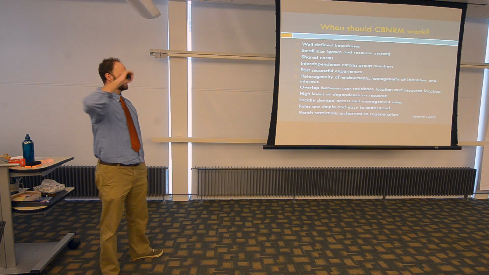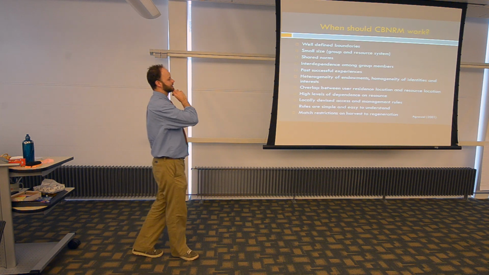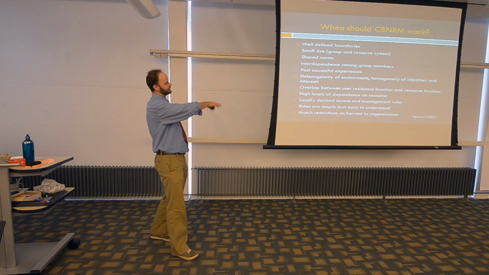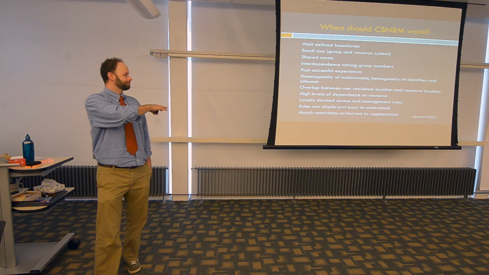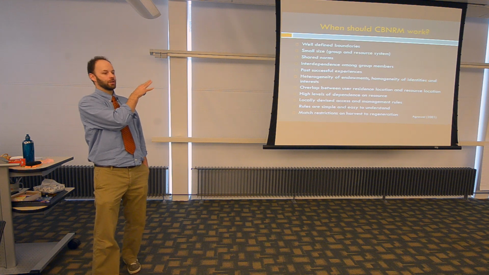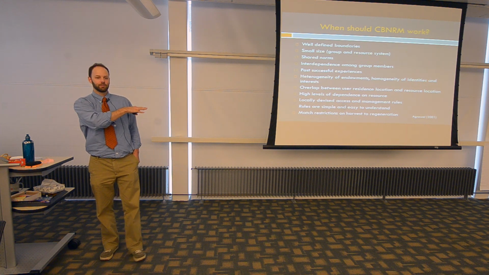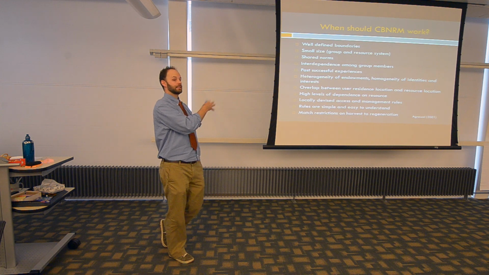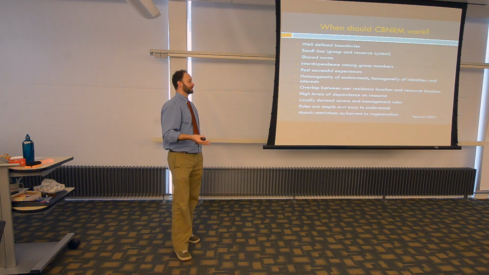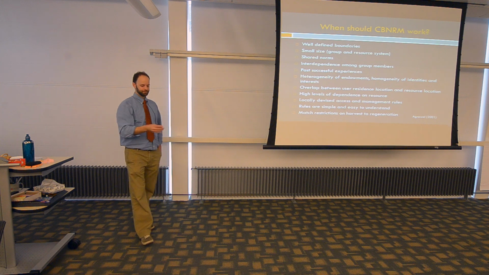Her paper in 2007 added a few components. I've selected this subset of the list in particular because these conditions are largely met in the communities that I've worked in Bhutan. So there's a good reason to expect that decentralizing resource management should be effective in the context of Bhutan.